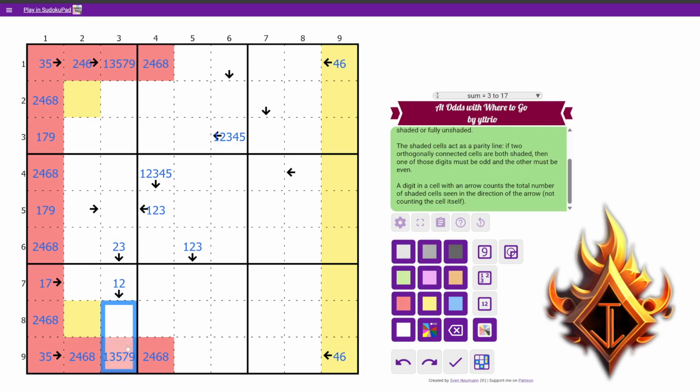Because whatever it sees, this one sees one more, and it has to be that one. So that is red. And now, it has to be 1.